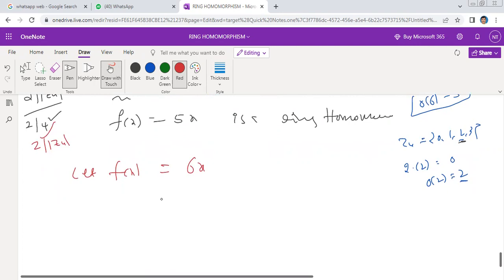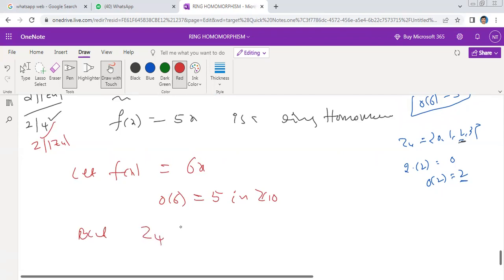f(x) = 6x. The order of 6 is equal to what? What is the order of 6? 3, or 3, or 5? 5. The order of 6 is equal to 5 in Z10.